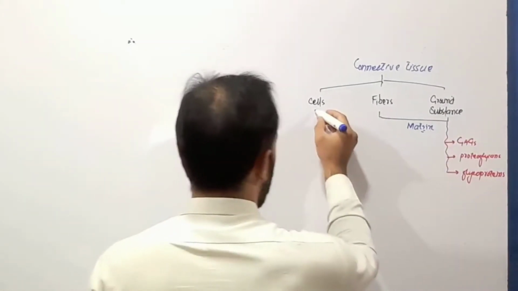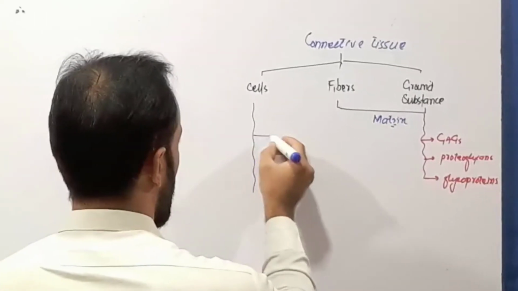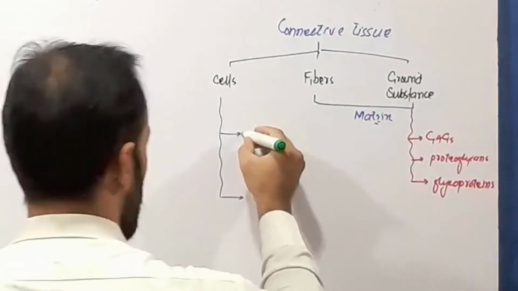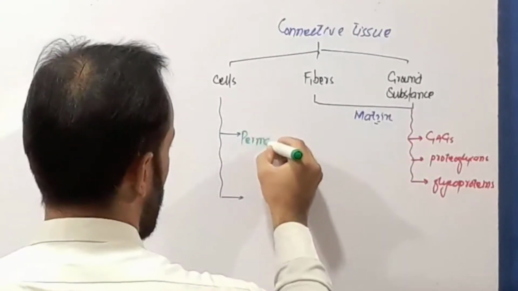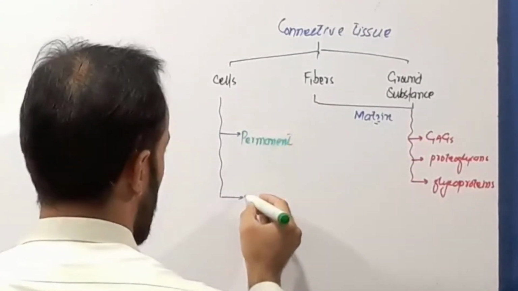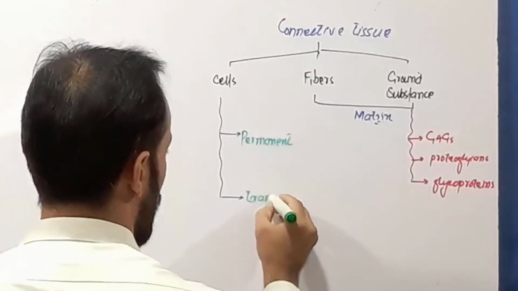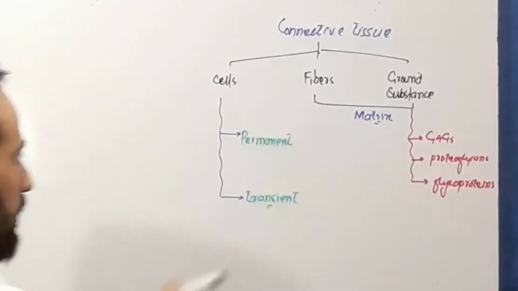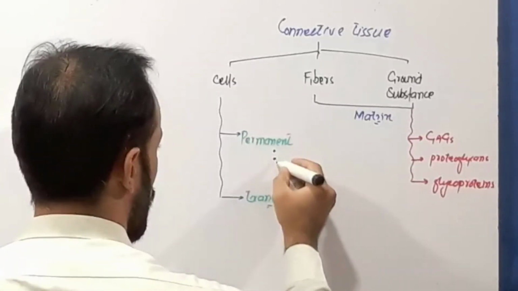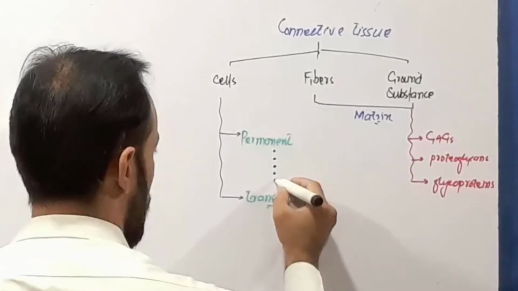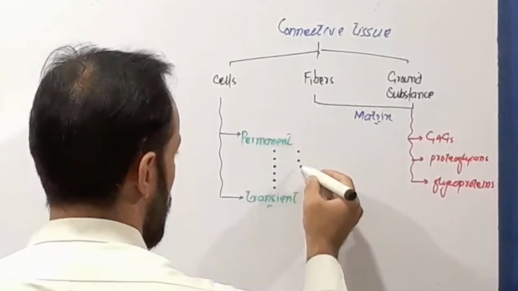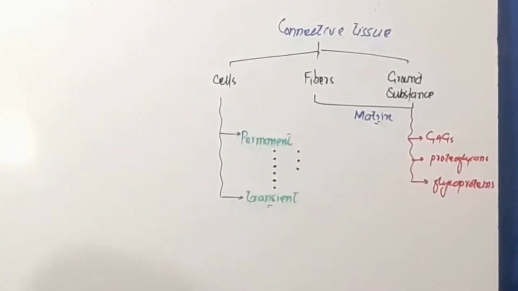Then about the cells, we had discussed that there are two groups of cells of the connective tissue. One were the permanent cells of the tissue, and then there were the transient cells, or the visiting cells, or the guest cells of the tissue. The permanent cells we had discussed: osteoblast, osteocyte, chondroblast, chondrocyte, adipocyte, mast cell, myoepithelial cells, endothelial cells, pericytes.